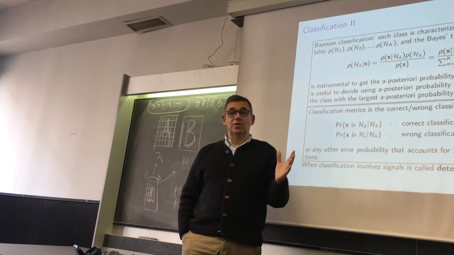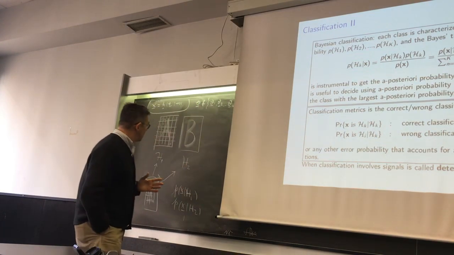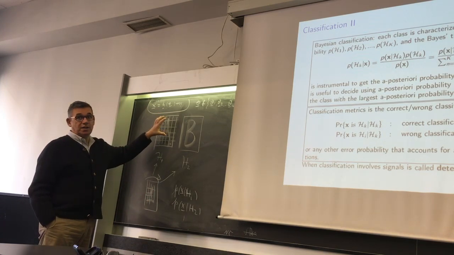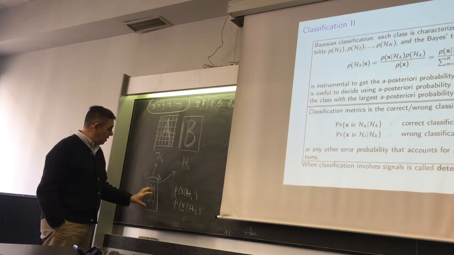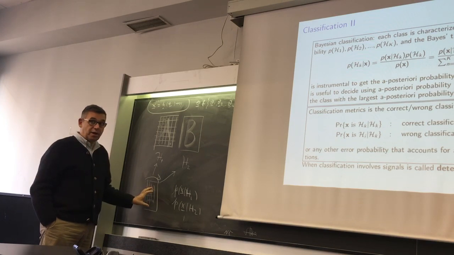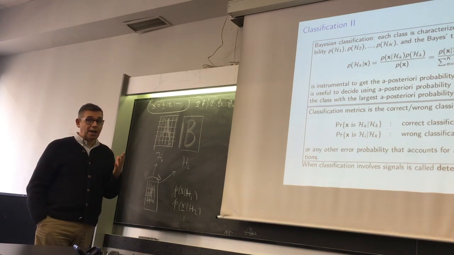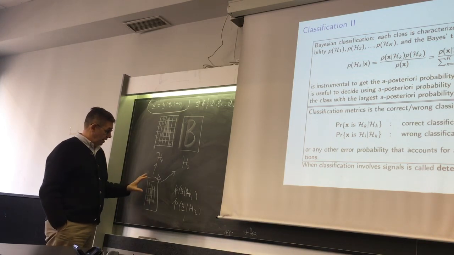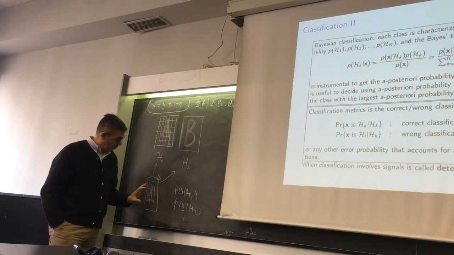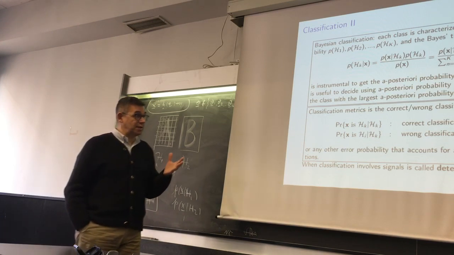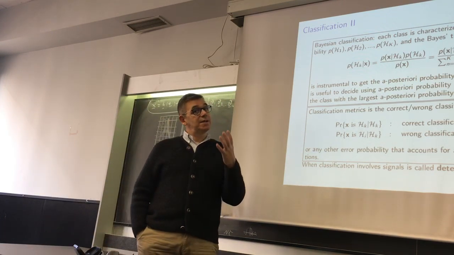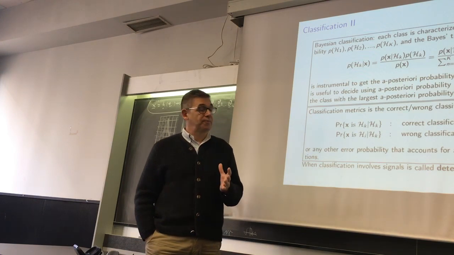That means the probability that this is A, given that it is A. So we can measure as a criterion the probability that I make a correct classification, so that this measurement, this vector x, is correctly classified.